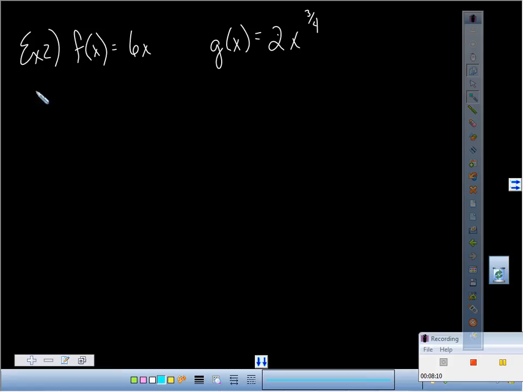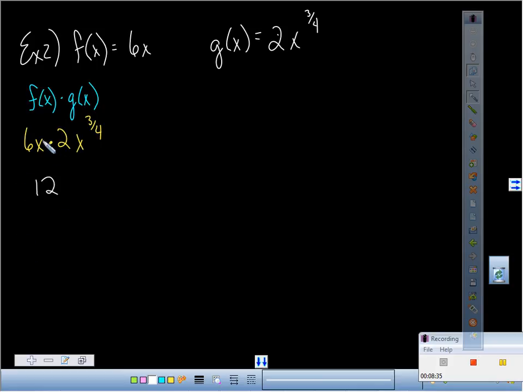Okay, so let's do this one. f of x times g of x. Well, guys, that simply is 6x times 2x to the 3/4. A piece at a time, right? What's 6 times 2? 12.